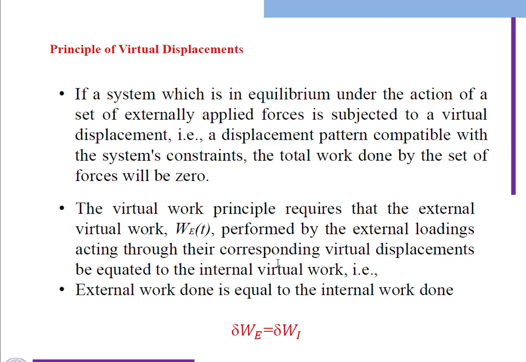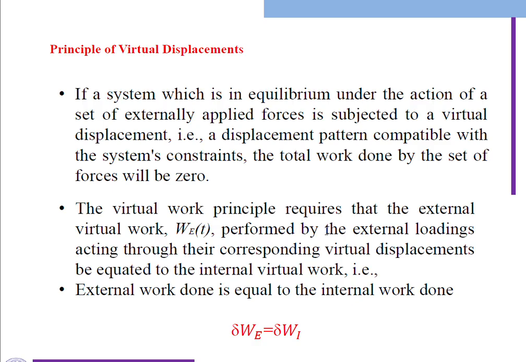The body which resists all these external loads, those loads and the displacement will be overcome by this material; we call that the internal work done. When we equate these two, internal and external work done, the total work done will become zero.